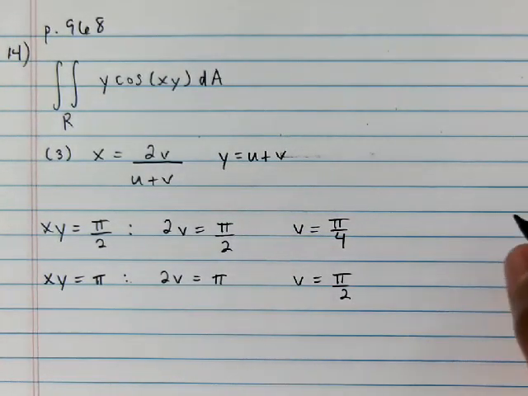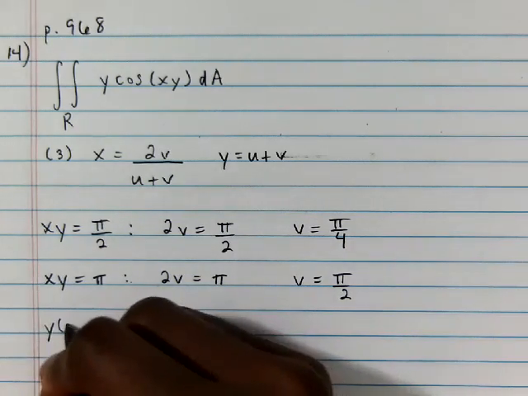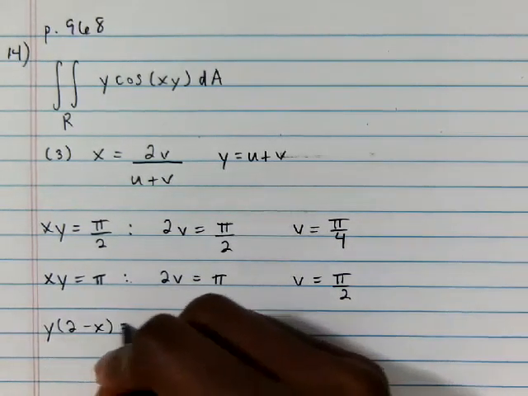And then the next one is y times the quantity 2 minus x equals 2.